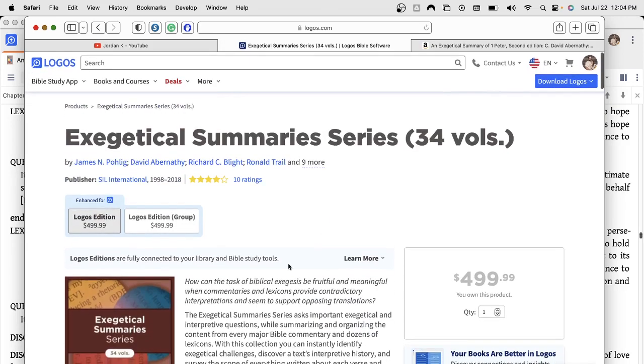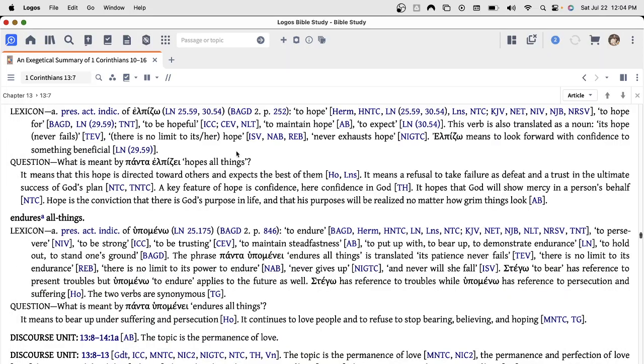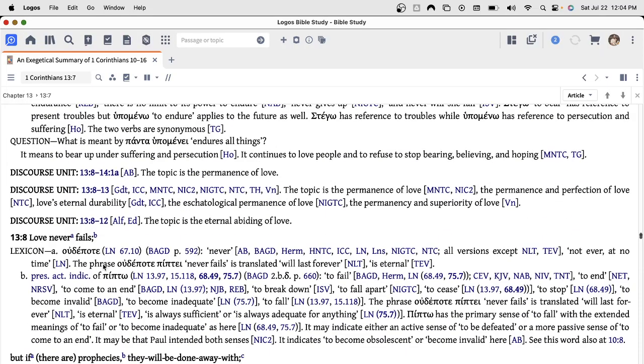When I prepare for sermons, the first commentary that I read is the Bible Background Commentary series, and this is the second one that I read. Even though I'm not going to agree with everything in the commentary, it is really going to force me to think through the passage that I'm preaching through.